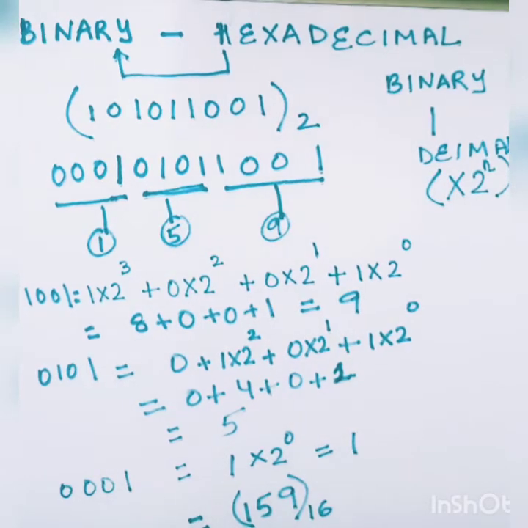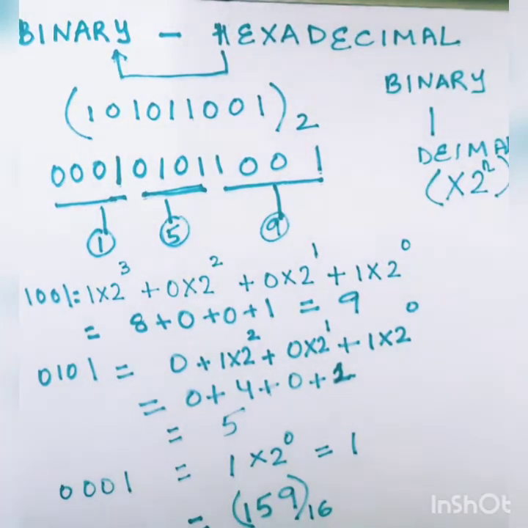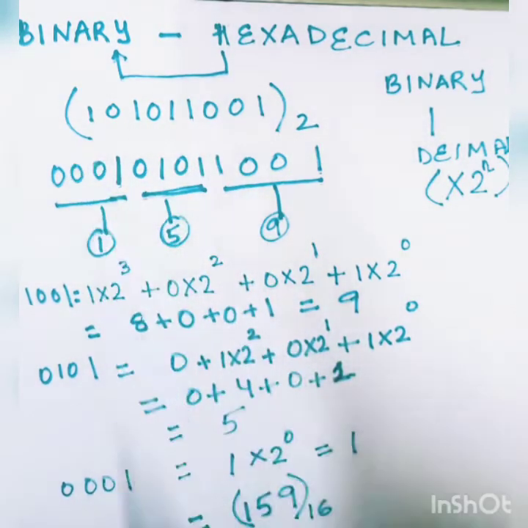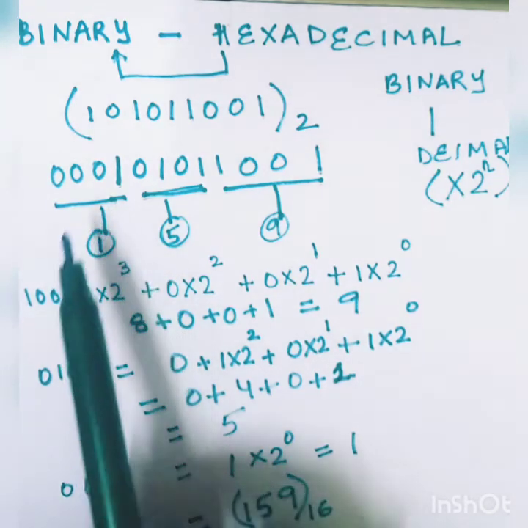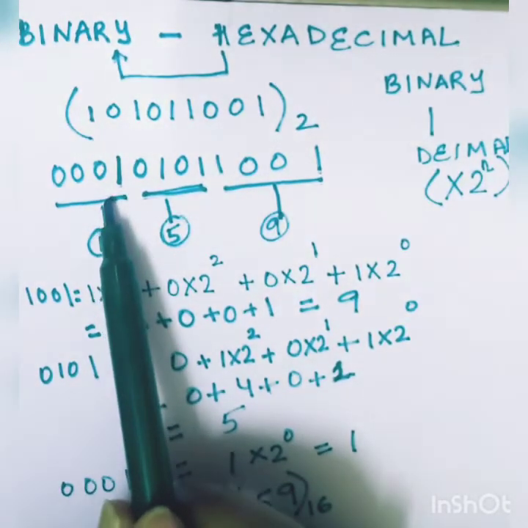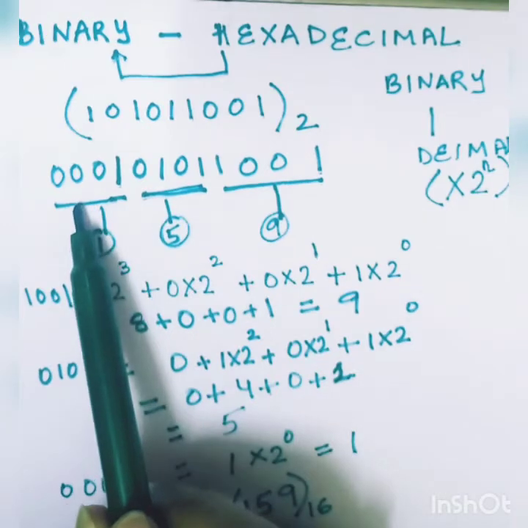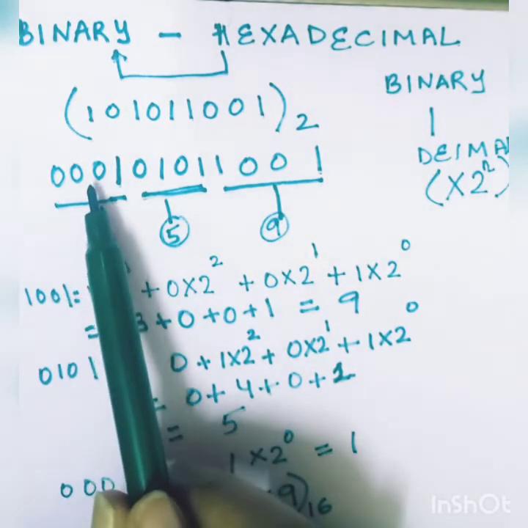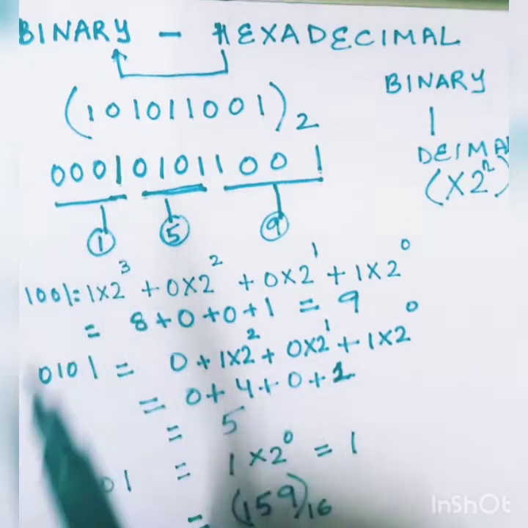So what is the conversion process? You have to make groups of 4. If any number is left where we cannot make a group of 4, then obviously add zeros in front. Adequate number of zeros. How many are required? 1, 2, 3, whatever.